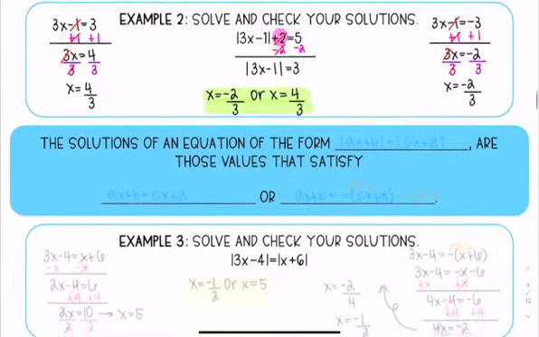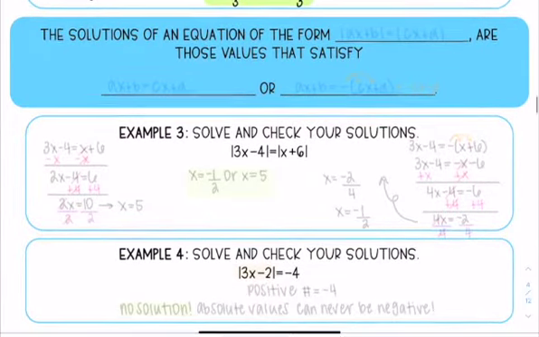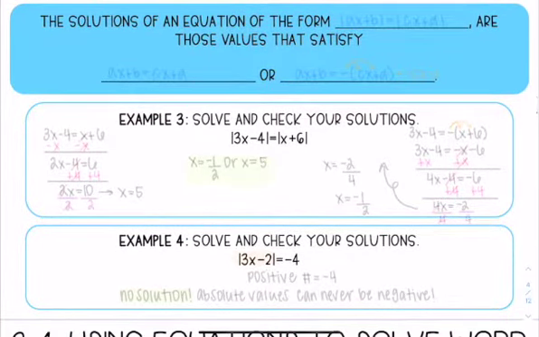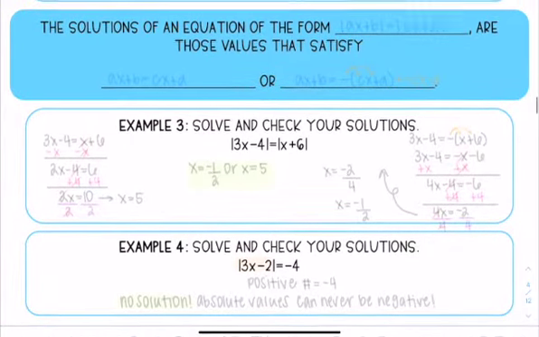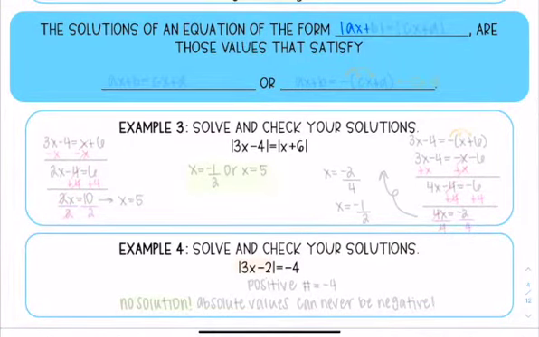So the solutions of an equation of the form, let's make things a little bit more complicated, the absolute value of ax plus b equals the absolute value of cx plus d, are those values that satisfy it. We've got two options again.